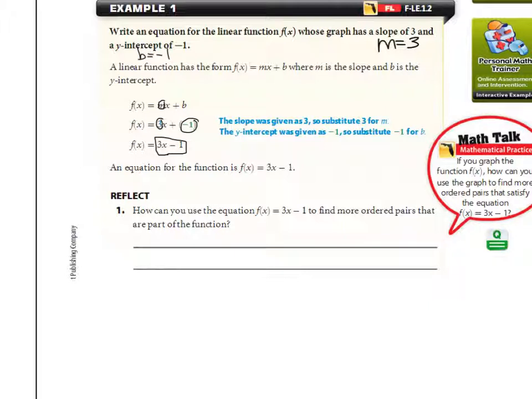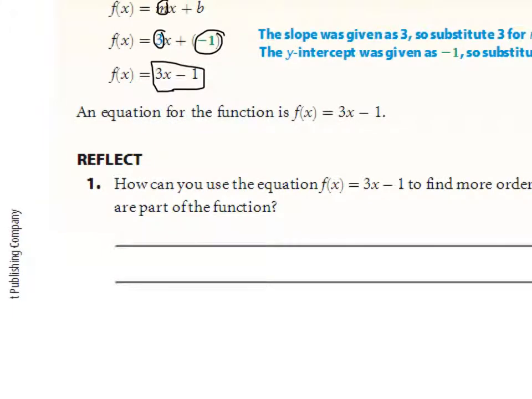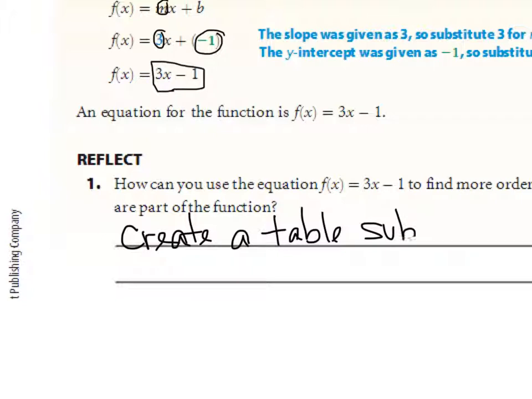To use the equation f of x equals 3x minus 1, there's actually two different ways that you could find more ordered pairs. The first way would be to take x values and substitute them in to figure out what their outputs or their y's would be. So you could create a table substituting x in.